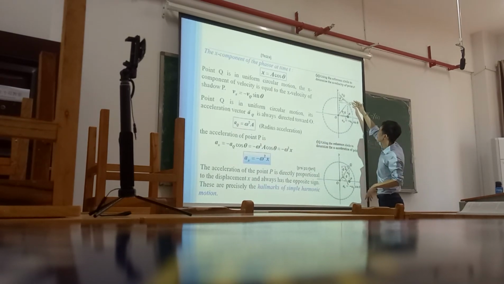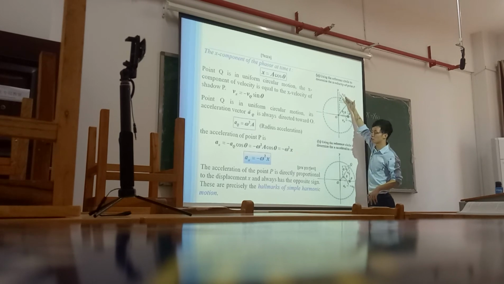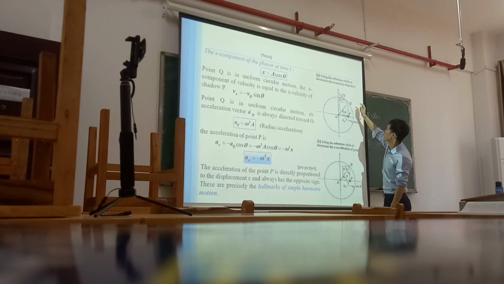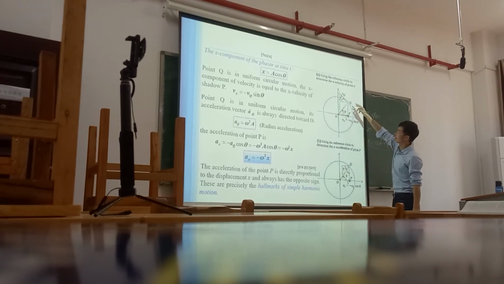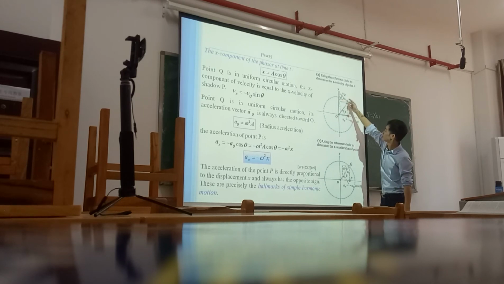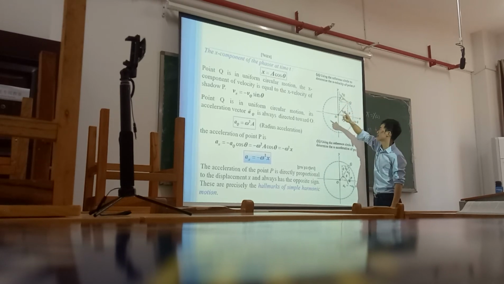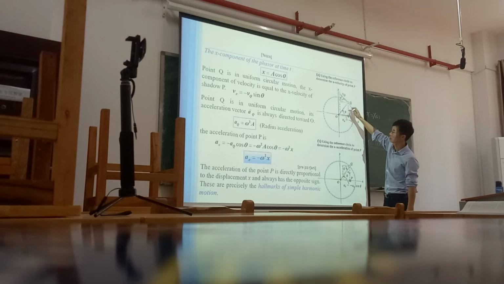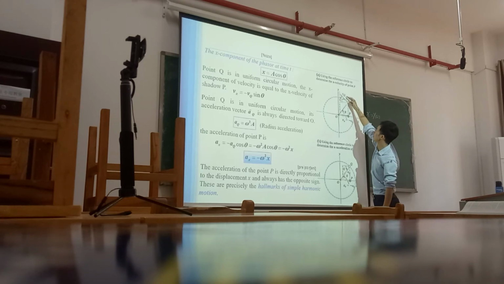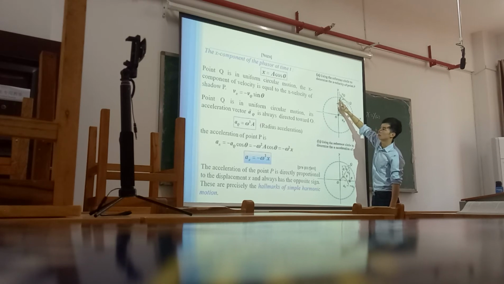We just look at this. The velocity of Q is pointing in this direction, and this angle is theta. The projection, or the x component along the x-axis, is equal to minus vQ sin theta.